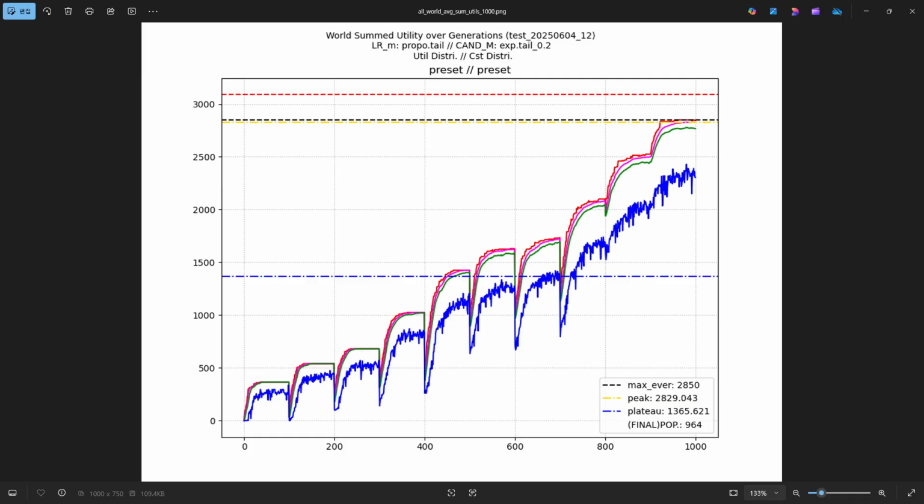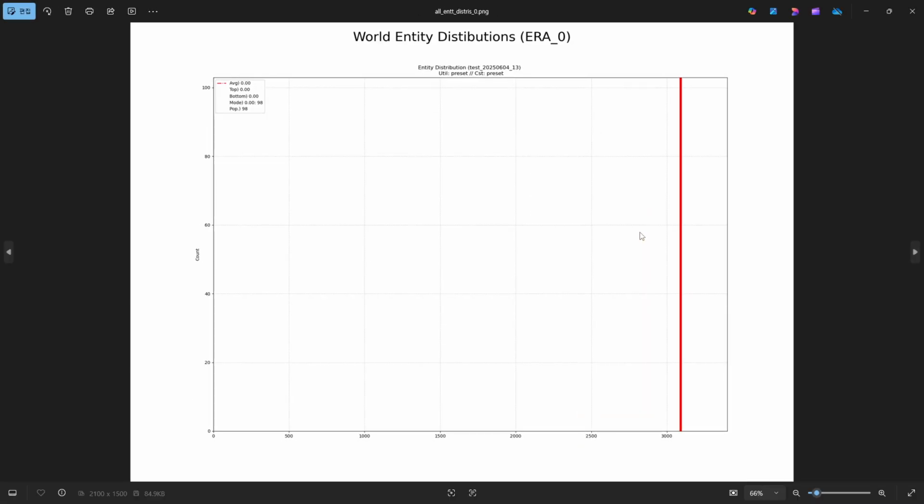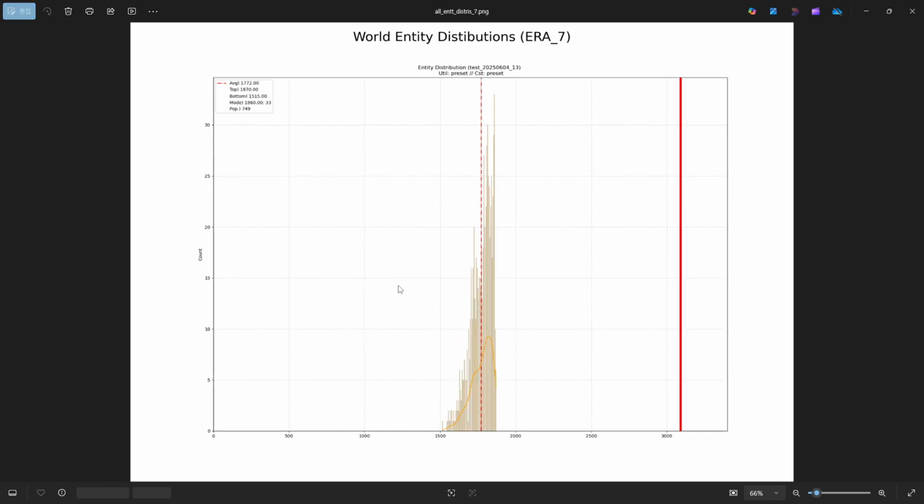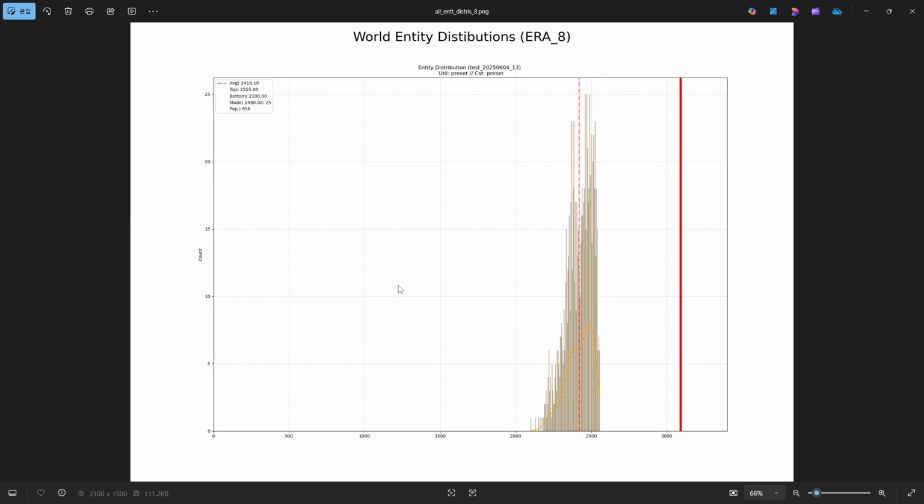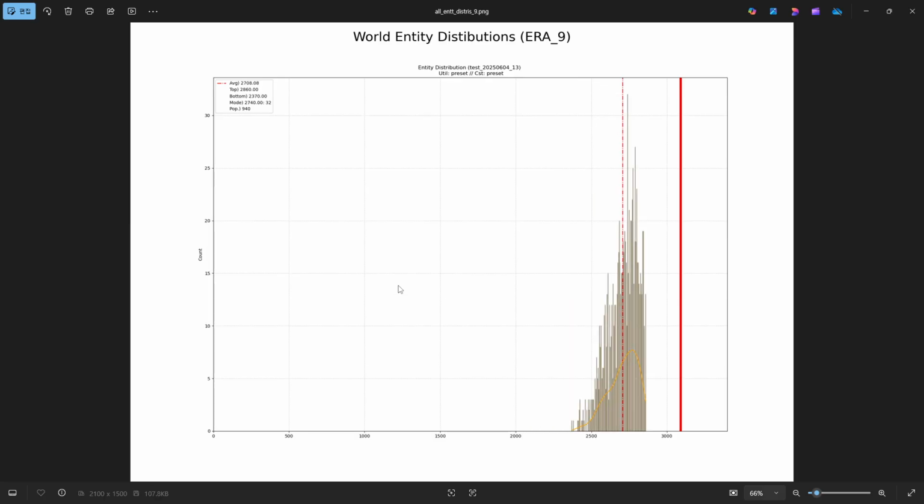And I did this one more time. Here are the distributions. First era, nothing happened, sadly. Second era, third, fourth, fifth, sixth, seventh, eighth, ninth, and 10th, the last one.